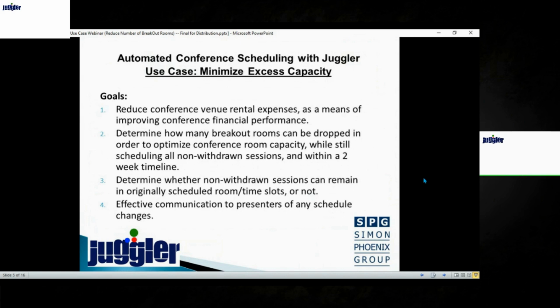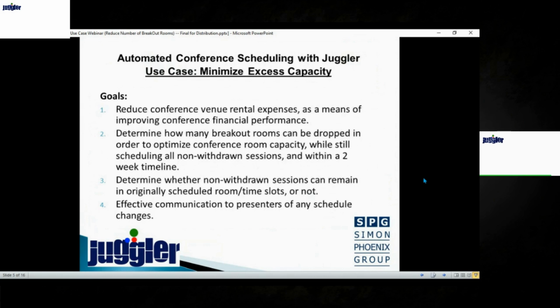First of all, being able to reduce conference venue rental expenses as a means of improving conference financial performance. We already indicated previously that because of the presentation withdrawals, that meant a drop in overall conference revenues. So in order to try and maintain its net revenue position, expenses needed to be cut as well.